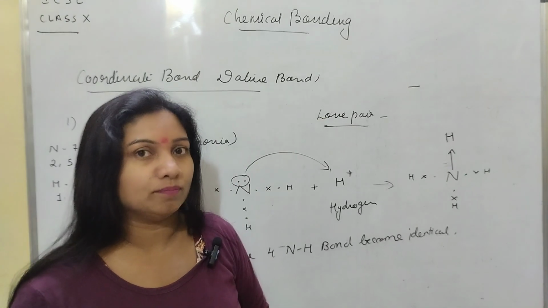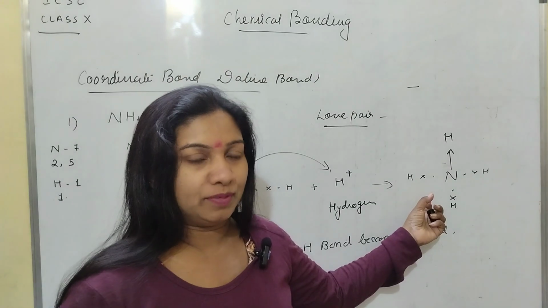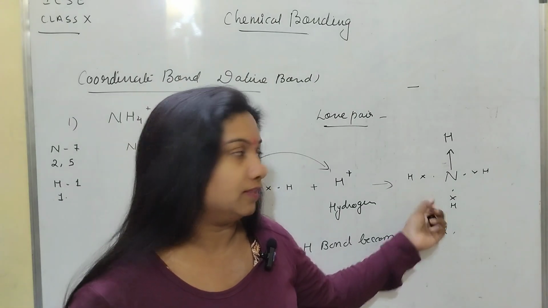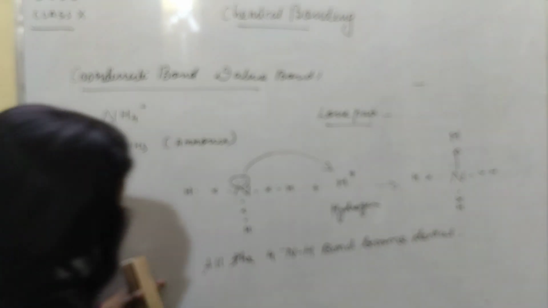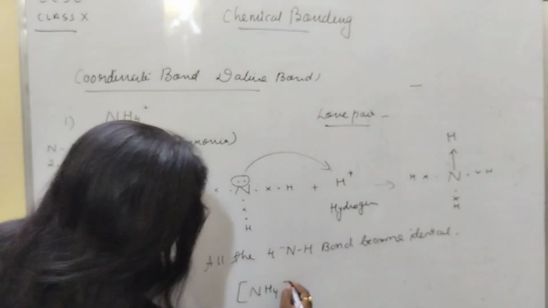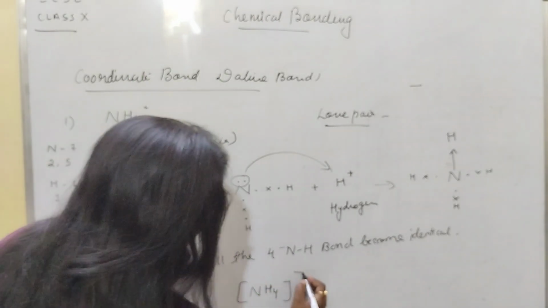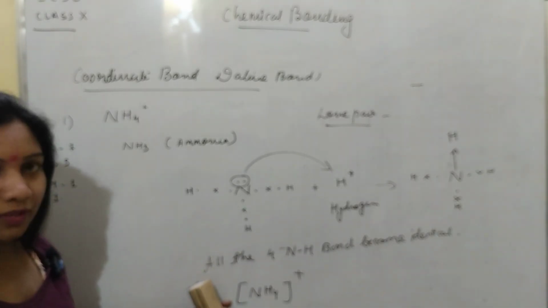It is a whole compound. So once the bond is formed, all the 4 bonds become identical. So the correct way of representing this ammonium ion is, we keep this inside a bracket and put a plus over here. Clear? So this is the formation of ammonium ion.